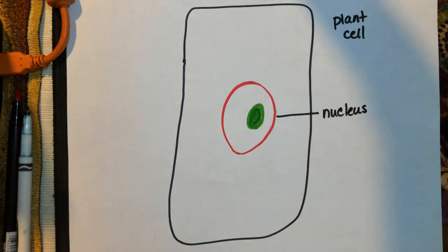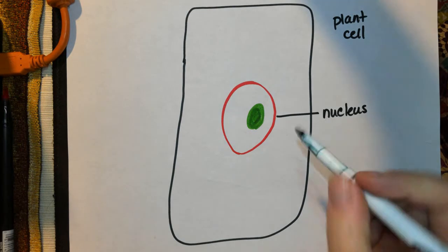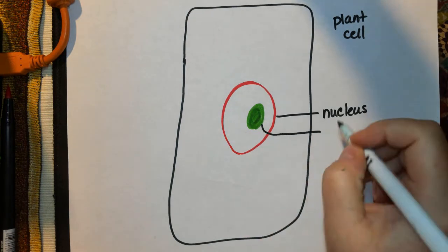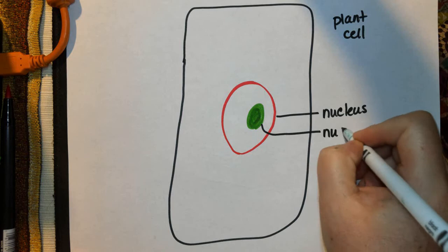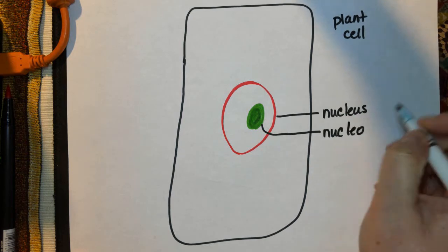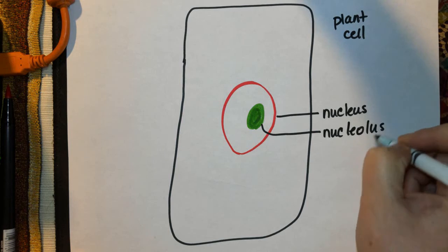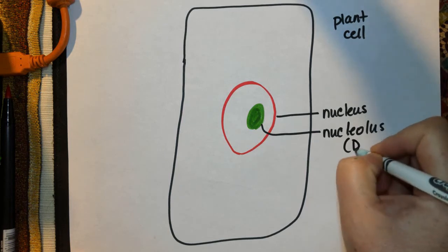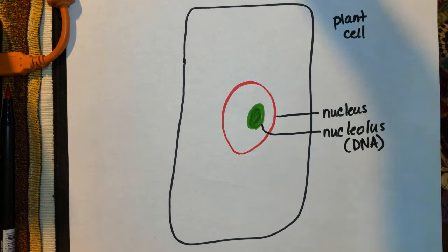And I'm going to try and use the same colors so we can establish the same kind of memory. And the nucleolus, again, is responsible for housing the cell's DNA.